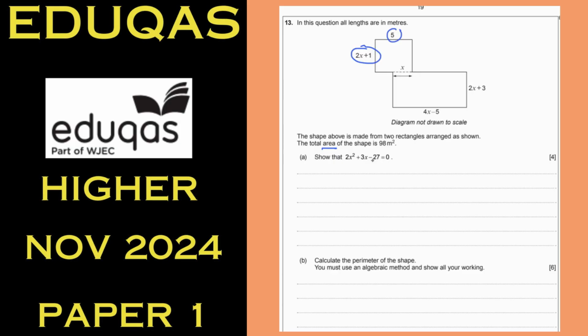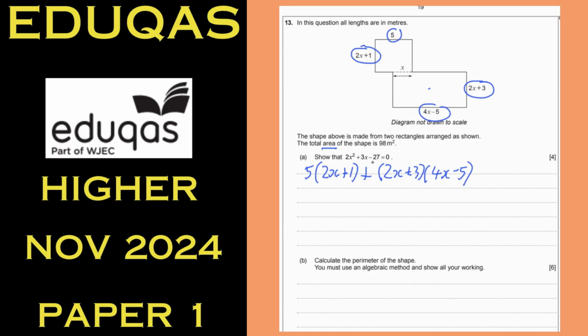Let's multiply them. 5 brackets, 2x plus 1. And this would be that times that. With it being a show question, I would definitely show that line of working out. Show the examiner where you've got things from.